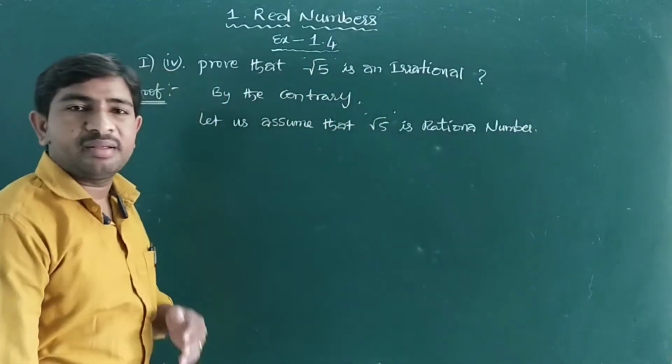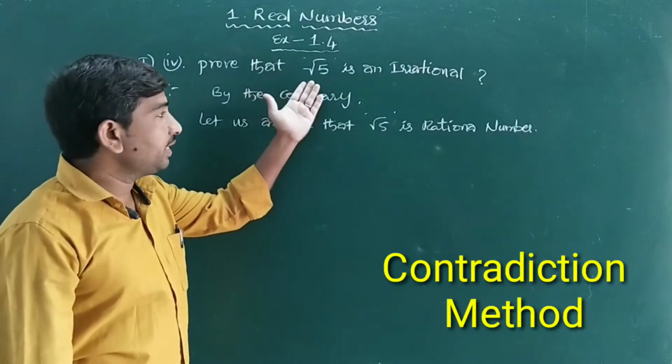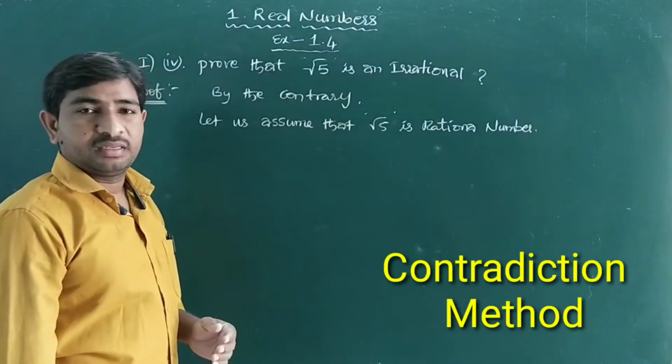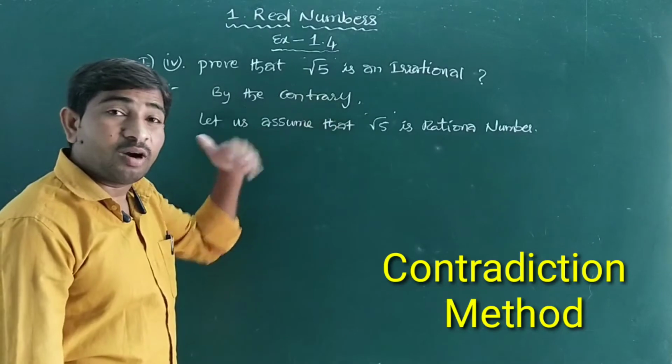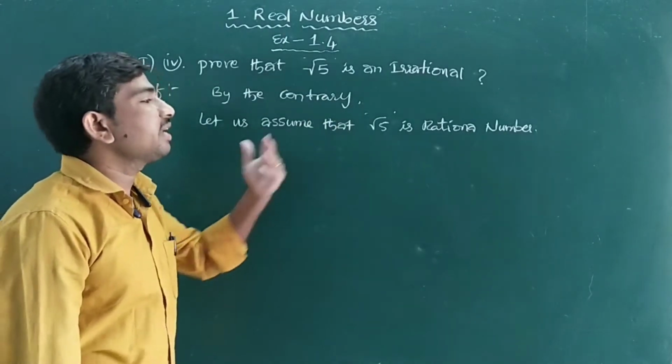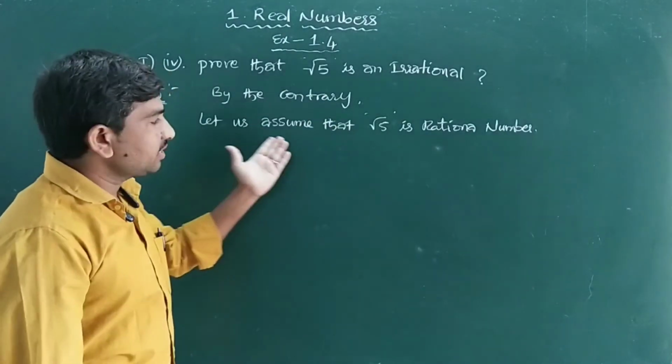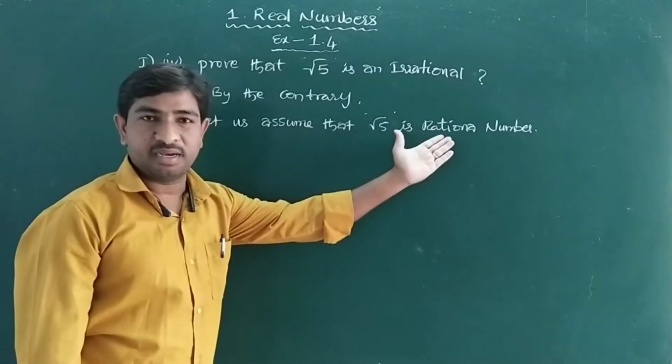What does by the contrary mean? If root 5 is not irrational, then root 5 is rational. So let us assume that root 5 is a rational number.